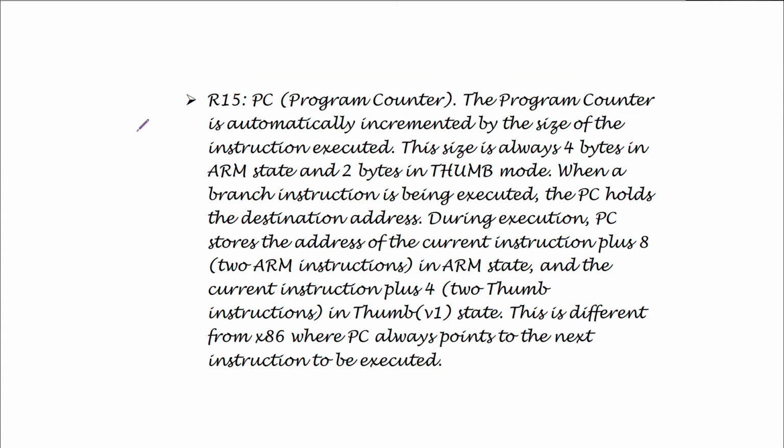And then coming to the program counter, the program counter is same in all the architectures and processors. So it will actually store the address of the next instruction to be executed, right? And it is incremented by the size of the instruction executed. This we have seen several times in different processor architectures.